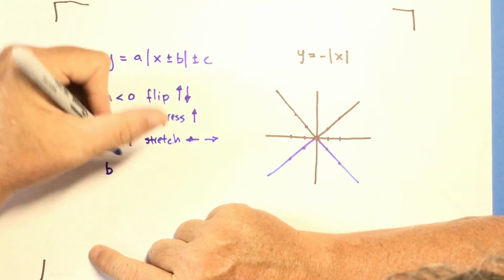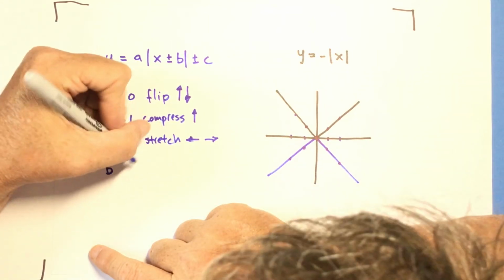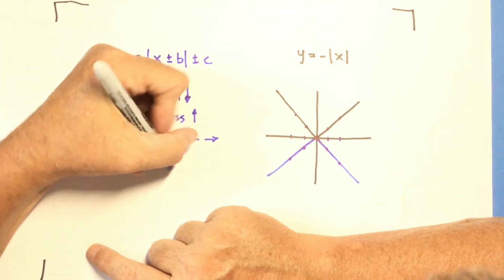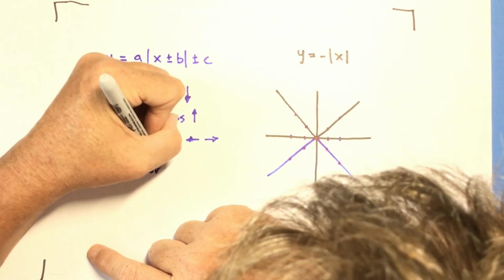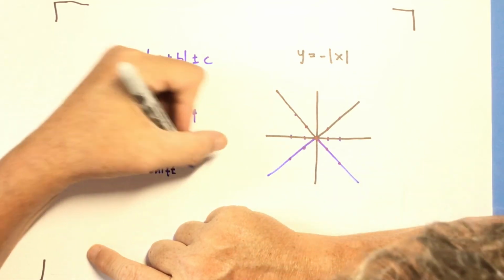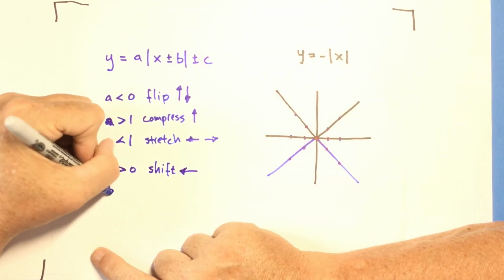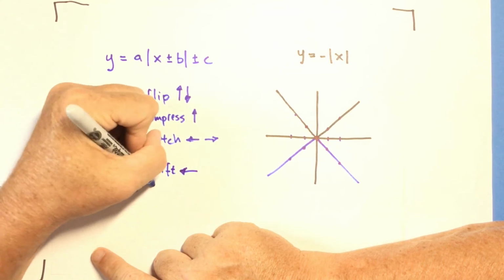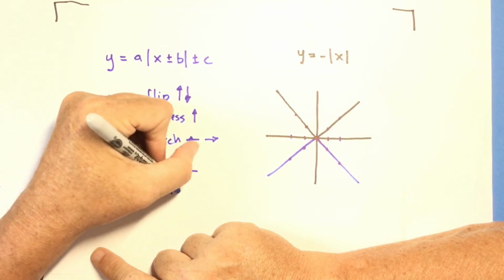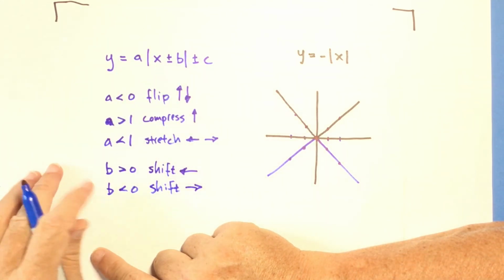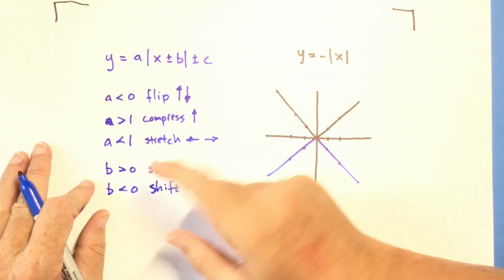B. If B is positive, in other words, it is greater than 0, then that will shift the graph to the left in the negative direction. If B is less than 0, that will shift the graph to the right in the positive direction. So if B is positive, it shifts to the left.